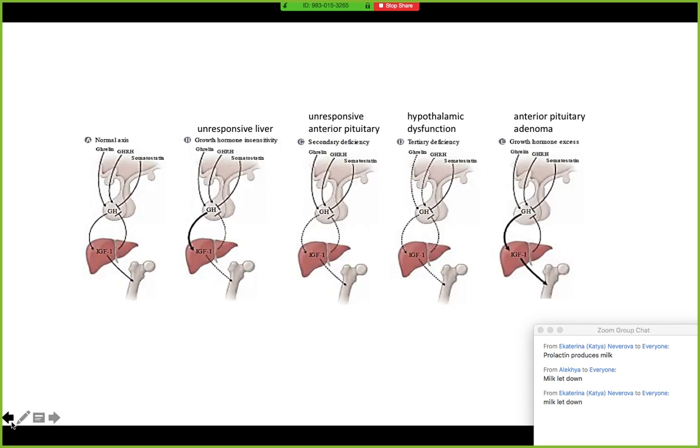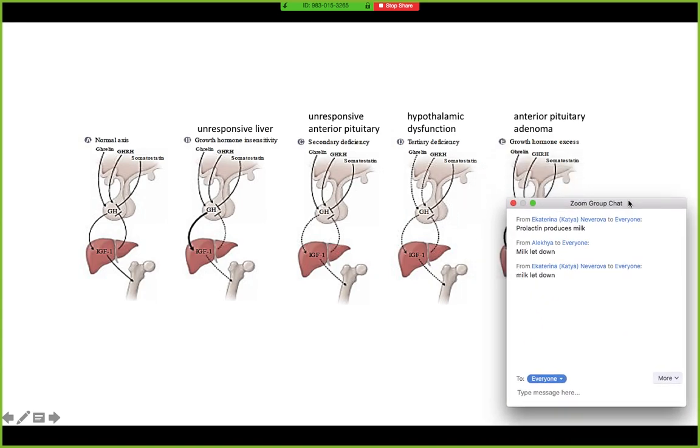Oh, and then also another important thing to keep in mind is the fact that somatostatin inhibits growth hormone, and then ghrelin stimulates growth hormone. So where is ghrelin released from? Thinking back to GI.